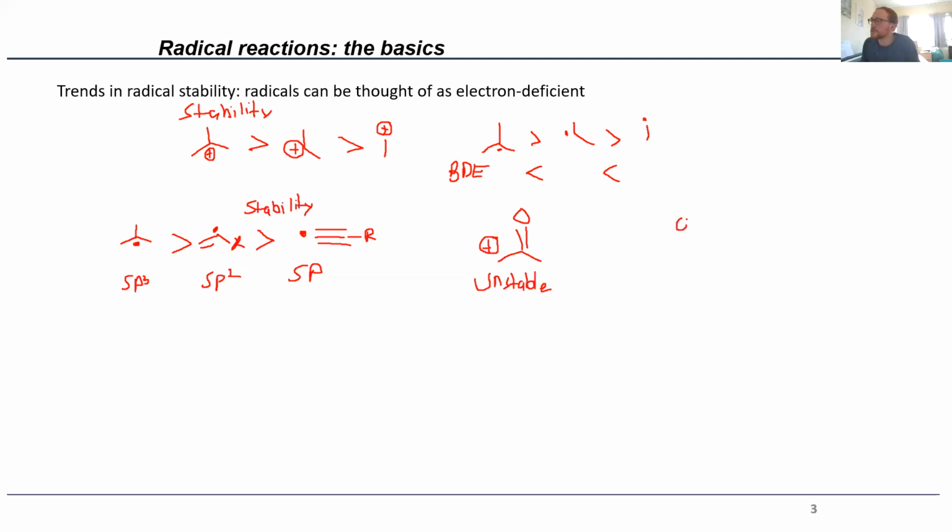However, radicals next to electron withdrawing groups that can delocalize them through resonance are relatively quite stable. We'll say radical species are never very stable, but we'll say more stable. And the reason for that is the following resonance structures that you can't draw for carbocations, where we can push the radical up into oxygen.